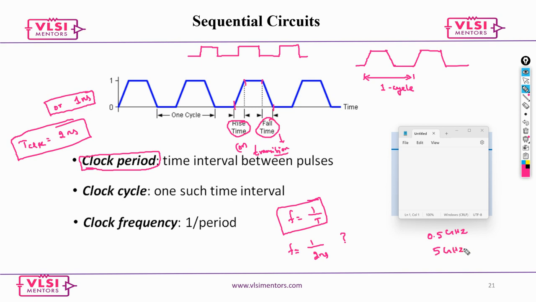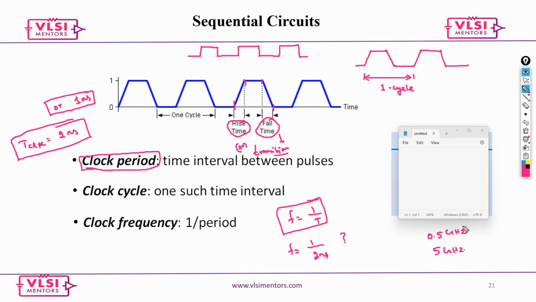Next, unmute and talk. It's an interactive session. 0.5 gigahertz, so two votes for that. I think it's 500 megahertz. 500 gigahertz.